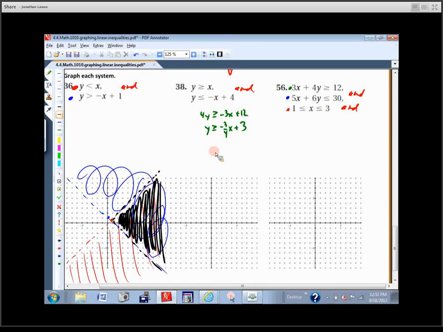Solid. So we're going to go up here to 3, 1, 2, 3. Slope is negative 3/4. So I go down 3, run 4. Down 3, run 4. So my graph looks something like this. If I go up 3 and back 4, I'm going to do, oops, I said it was solid, right?